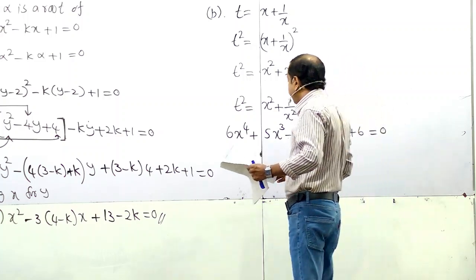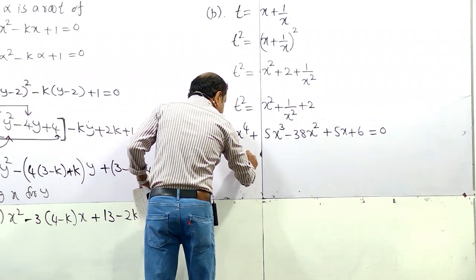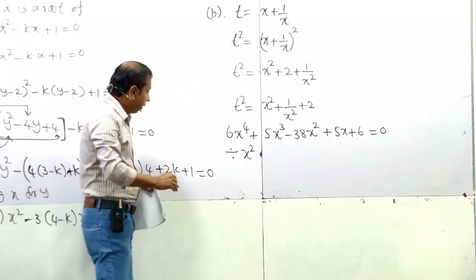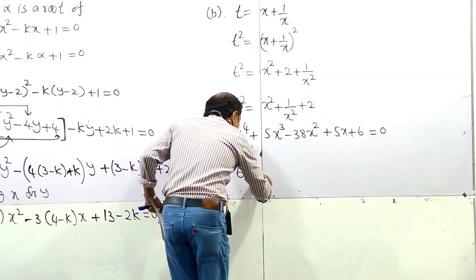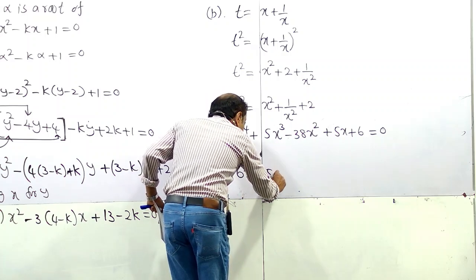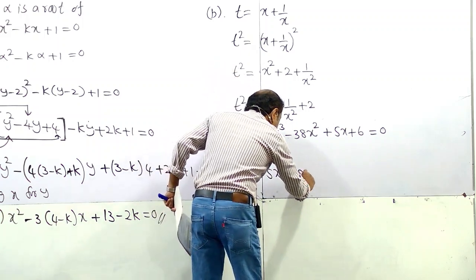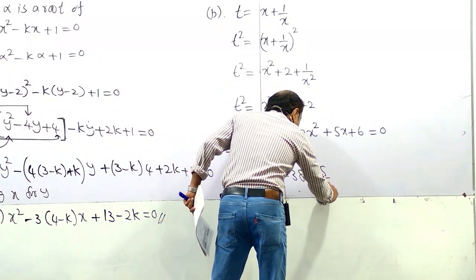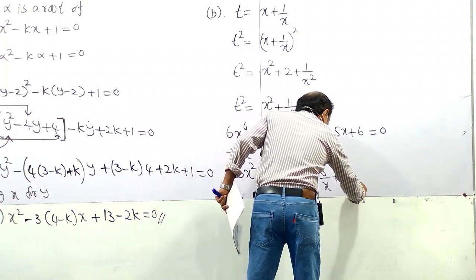Now we'll divide this by x squared. Divide both sides by x squared. What do you get here? 6x squared. Here, when you divide by x squared, we get 5x. Here minus 38. When you divide this by x squared, we get 5 over x plus 6 over x squared equals 0.